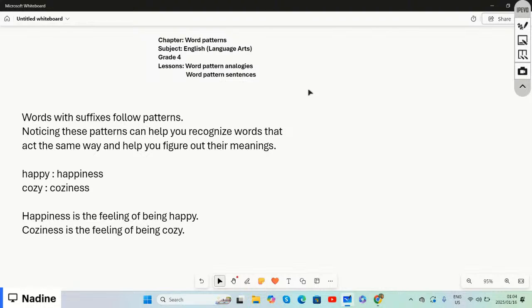We're doing grade 4. And the lessons that we are going to be focusing on under the chapter of word patterns are word pattern analogies, and word pattern sentences.